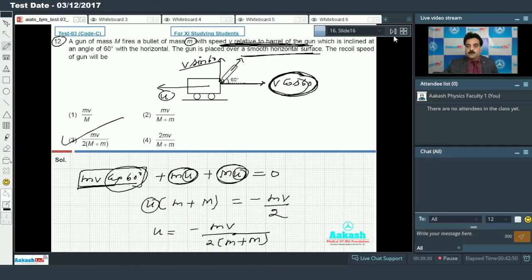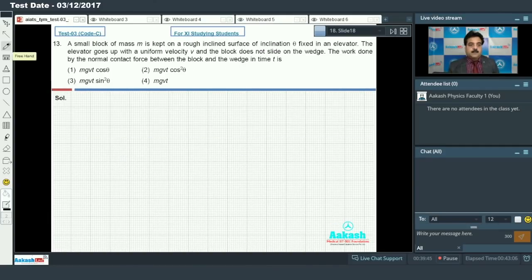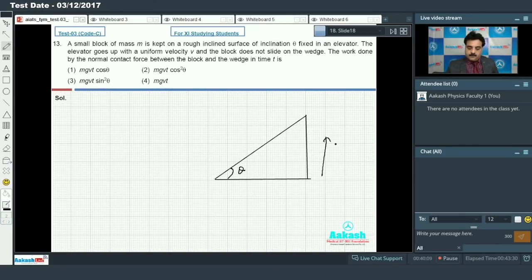So first I am going to read question number 13. A small block of mass m is kept on a rough inclined surface of inclination theta, okay, so this is the inclination with theta, fixed in an elevator. The elevator goes up with a uniform velocity v.